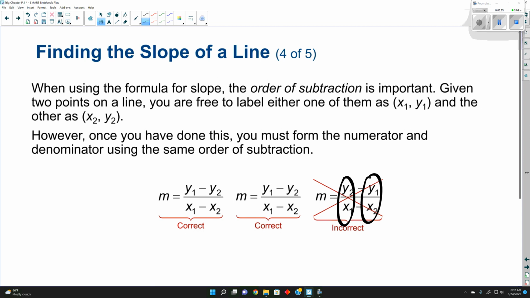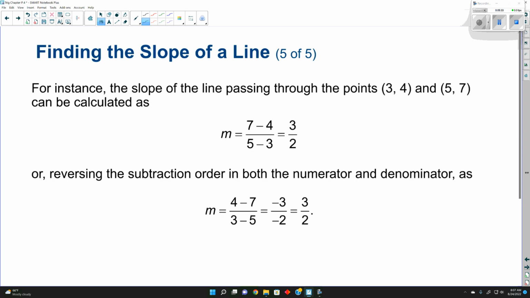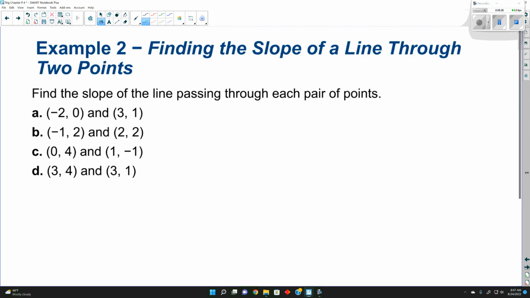This is the only one where order matters between midpoint, distance, and slope. Slope's the only one out of the three where order matters. I don't think I need to go through an example of how to find the slope. Would that be a correct assumption? Yeah.